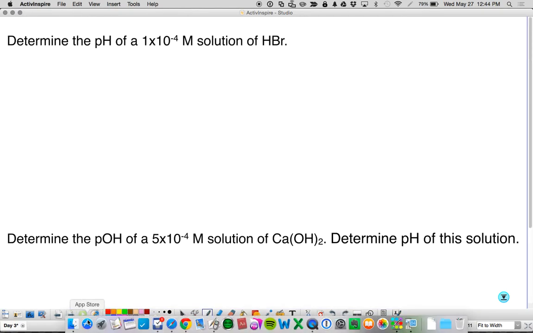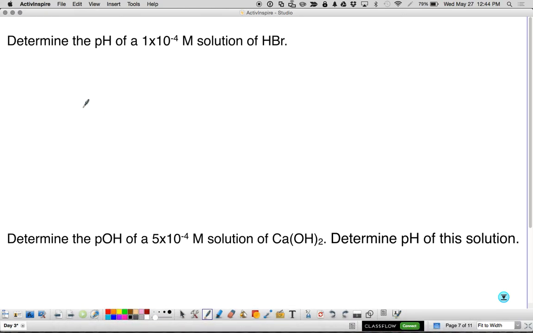So I'm going to do a couple samples before I turn you loose. These are varying degrees of difficulty. Determine the pH of a 1 × 10⁻⁴ molar solution of HBr. Well, I'm doing pH.